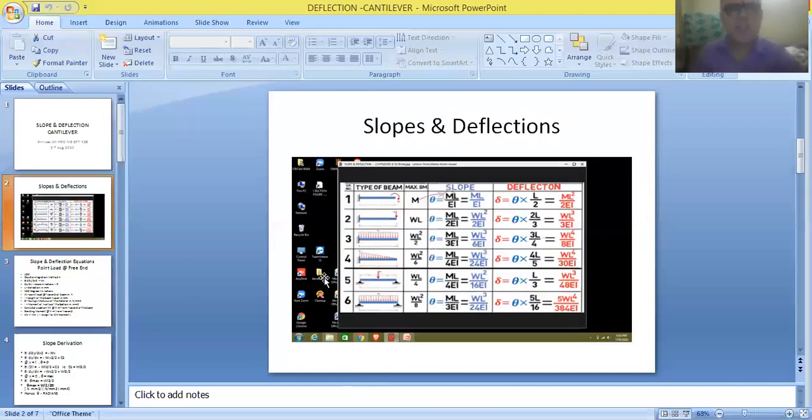Friends, we can take any section XX at a distance of x meter from the free end of the cantilever. Bending moment is nothing but a force into perpendicular distance. This point load capital W is acting in the downward direction, and the distance between the section and this point load we have taken as x millimeter.